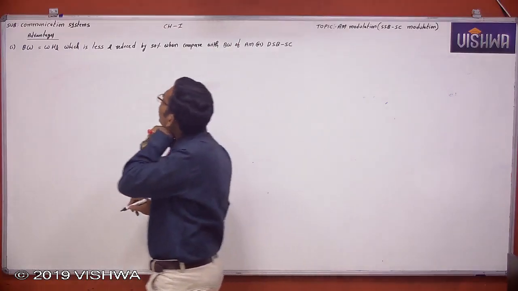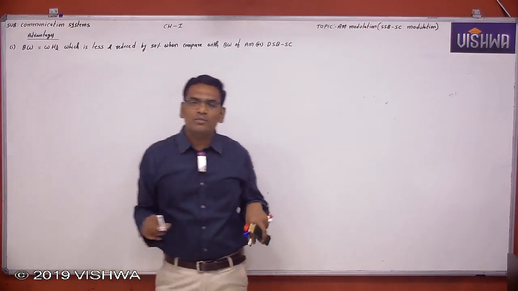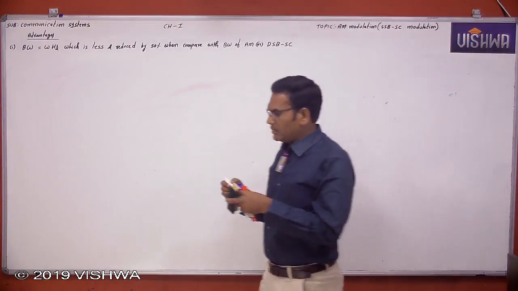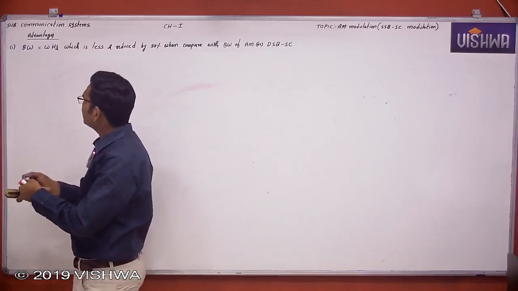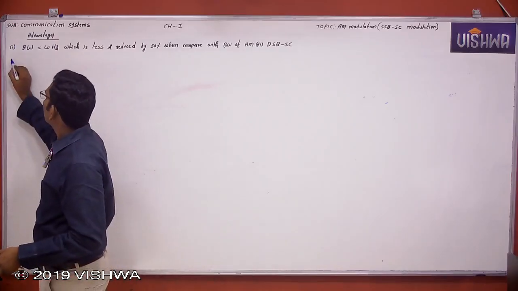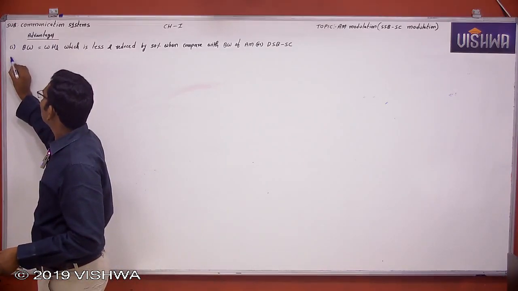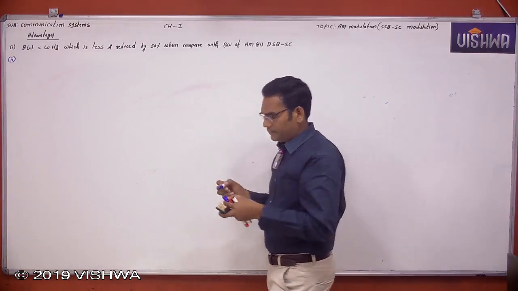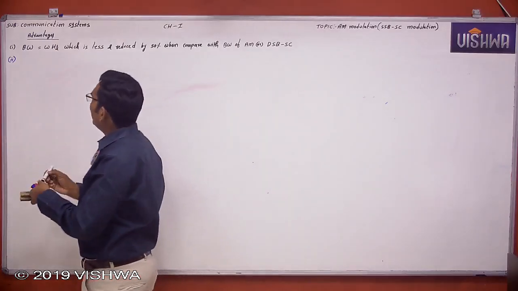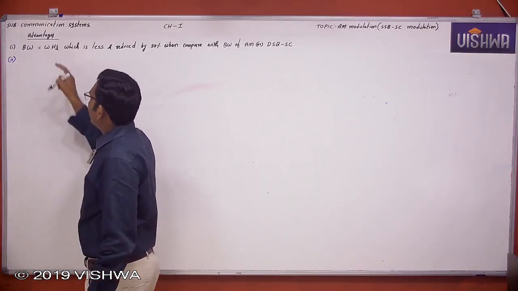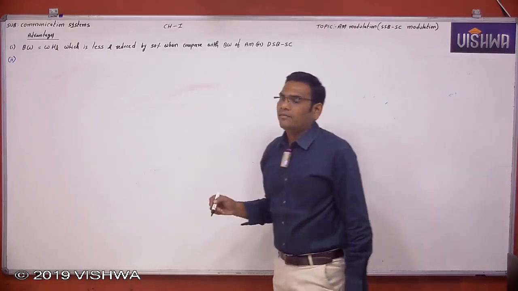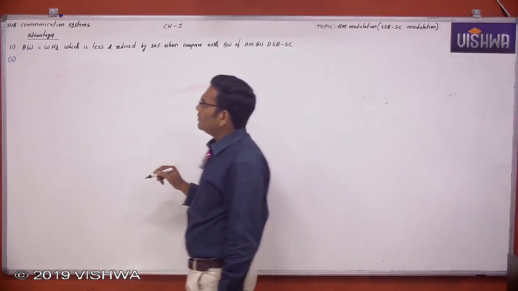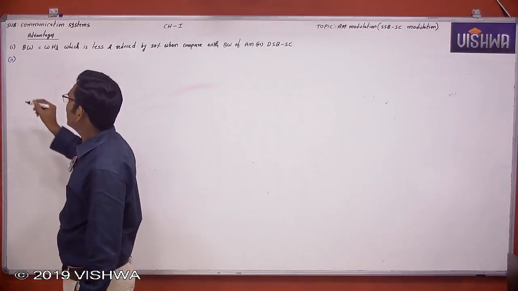This bandwidth, which is very small and 50% reduced compared with AM and DSB-SC, gives us a very good advantage.